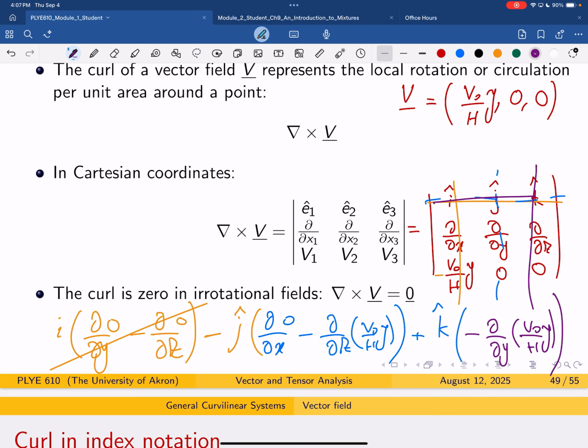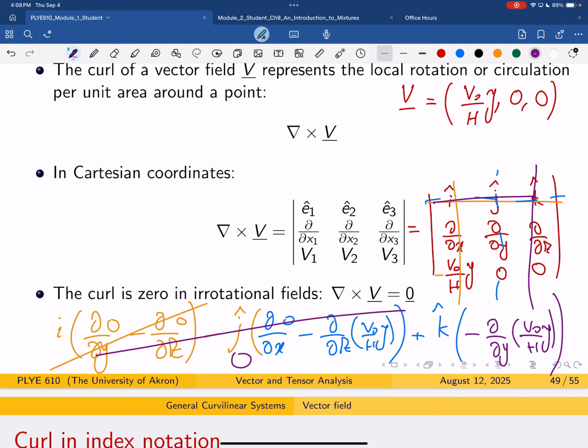All of these things are going to be 0. The j component is 0 because I'm calculating the derivative with respect to z, and there is no z term in it, right? So it's 0. So you are going to have the last one.